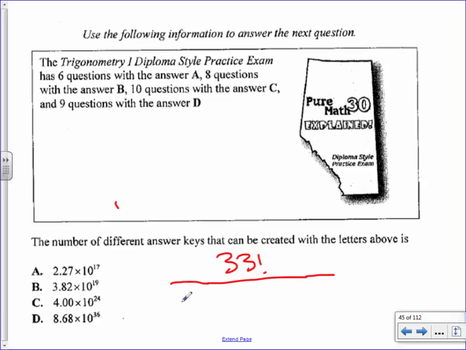However, some of the A's will look the same as each other. Some of the B's will look the same as each other. Some of the C's will look the same as each other. And some of the D's will look the same as each other. That make sense?